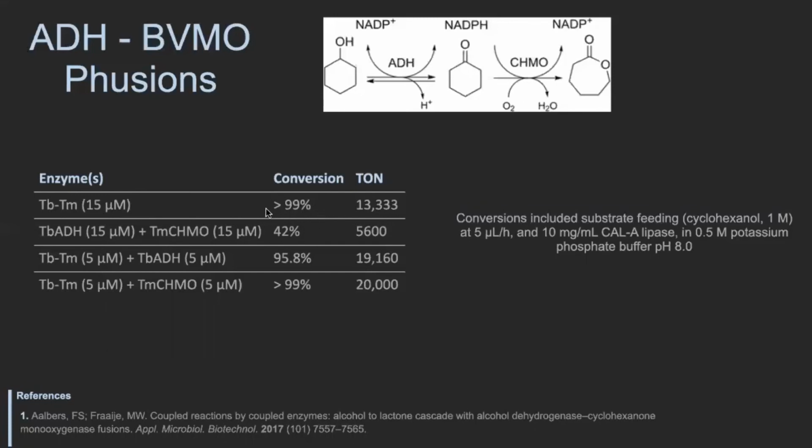They got a 99% conversion, while with just the two enzymes individually you have 42%, and you can see that the turnover number also increases drastically. Also in this case, they followed the idea of Baeyer and had Cal-A lipase in the reaction mixture, and they also performed a substrate feeding of cyclohexanol during the entire reaction.